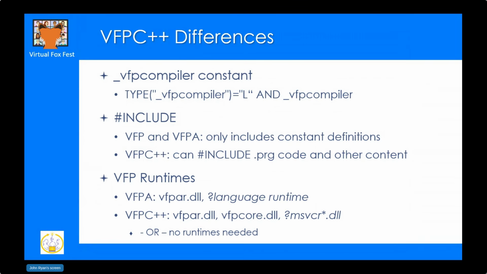In VFP C++ compiler, #include can include project code and other content which gets slotted into your program at that point. Briefly, runtimes. You need your standard VFP runtimes. For VFP C++, you need that runtime. You also need VFPcore.dll, which is in the launch folder, and you might need a VC runtime, depending what version you've used, or you can have no runtimes at all needed, as we saw with the VFP C++ installer.